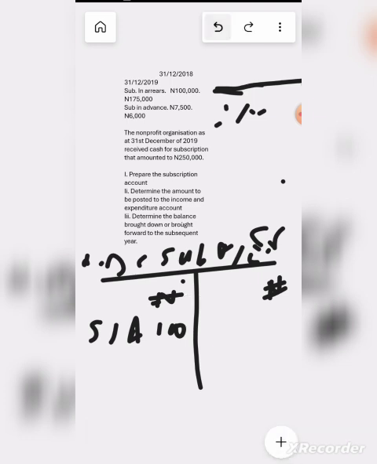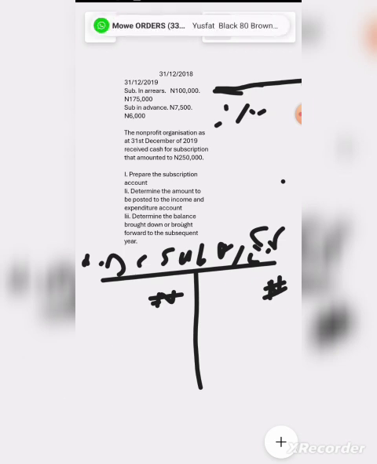That should be balance brought forward. So the subscription in arrears at the beginning is the balance brought forward.